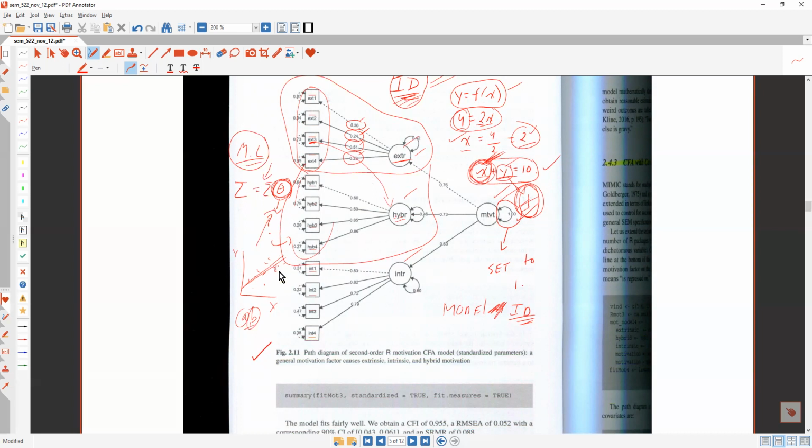Now, let me draw one more parallel here. In the regression line of X and Y, watch how this is going to connect in a second. What if I did this? Set the intercept equal to 0. You set, I'm going to use the word set, the intercept equal to 0, so that it has to pass through the origin.